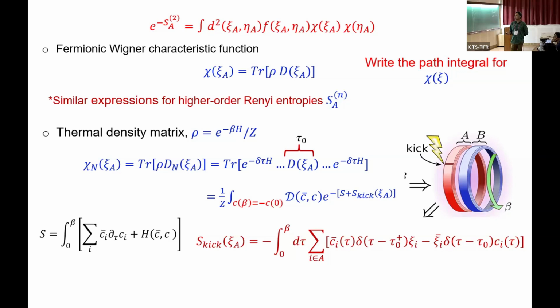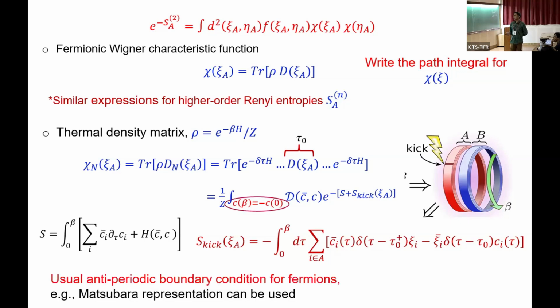The standard action, the Lagrangian that you have, will be there, and then you have this extra term which I am going to call the kick term. If I write it in the continuum notation, it looks like a delta function kick that I am giving, because I am inserting at some point. The time that I am inserting it is again arbitrary, but once I choose it, I choose it.